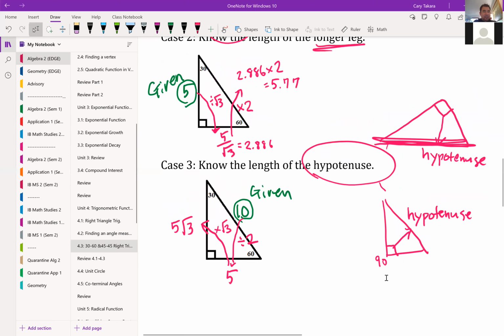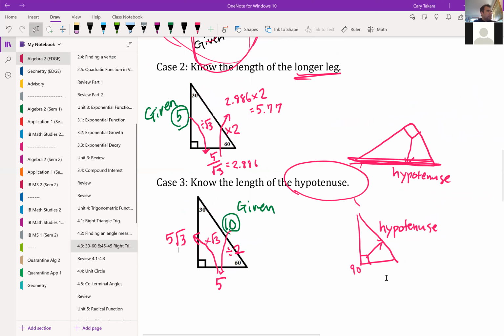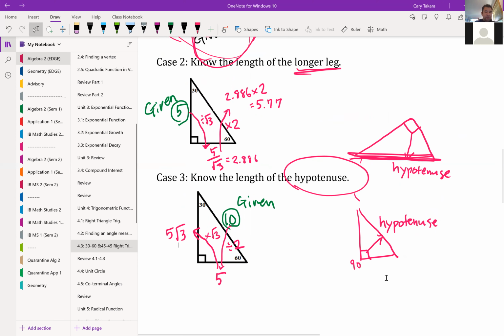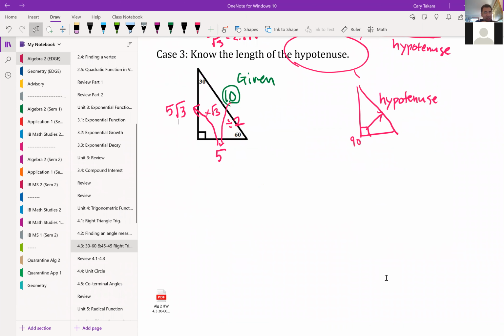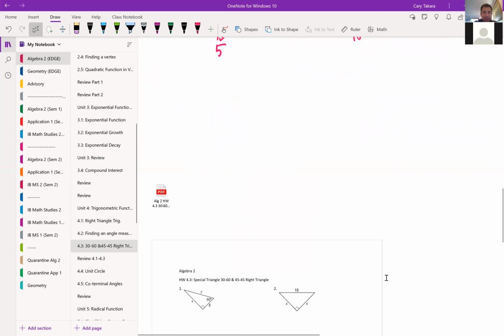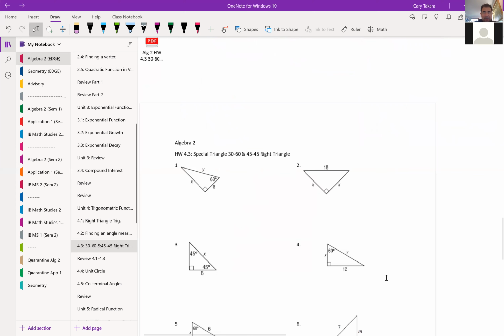Guys, okay? Let's do the assignment now. Okay, so for those who are new, we are going to start the assignment. You can just still continue from where you are. You can just continue on your notes, but let's get started.